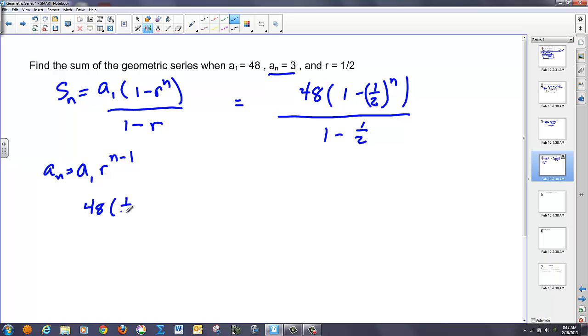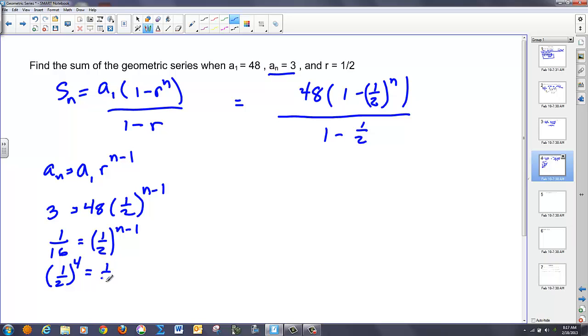We'll say my ratio is a half. It's raised to the n minus 1 power. And that's supposed to equal my nth term of 3. Divide, I get 1/16 is equal to a half raised to the n minus 1 power. Common bases of a half. This is a half to the 4th.